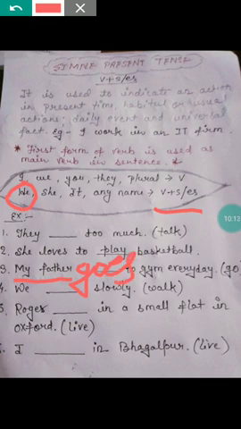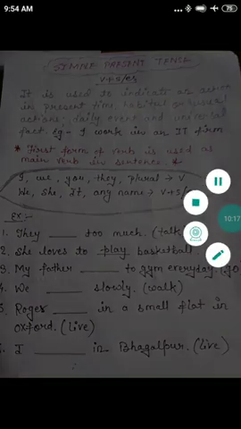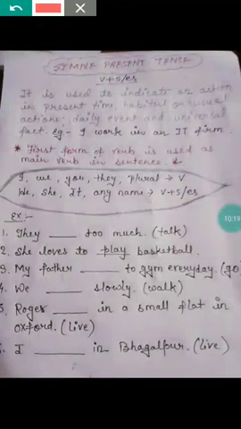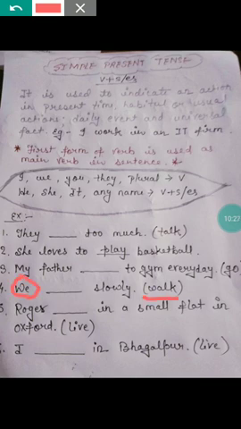My father goes to gym every day. Understood? Then again I am explaining one more. Look at the word that we can see before the dash. It's we dash slowly, and the verb given over here is walk. So if we find we, then what will happen? The verb will remain in its first form, and the verb is given over here, so we don't need to do anything, and we will write just walk. We walk slowly.